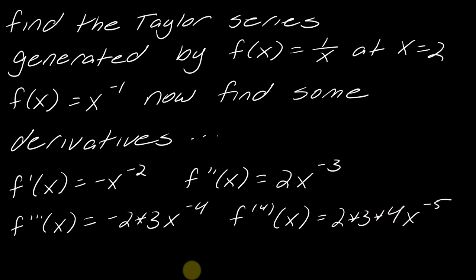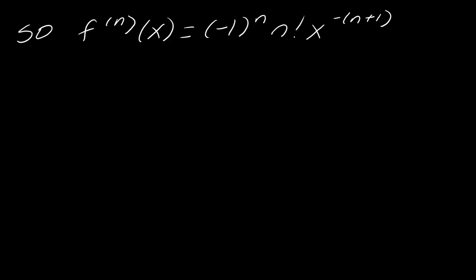You can start to see the pattern emerging. The other thing that's really good with this is you can see that my odd derivatives are negative and my even derivatives are positive. So you want to write out what is actually going on, not necessarily just the final number.